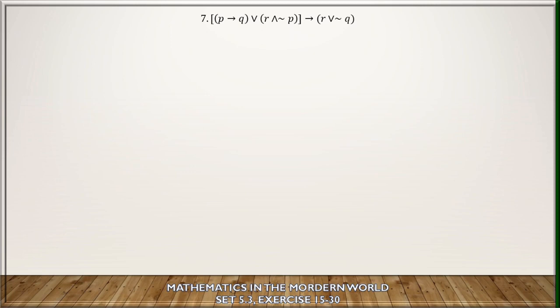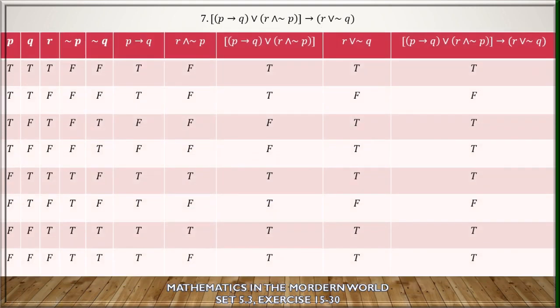We discuss the conditional of the disjunction of the conditional P, then Q, or the conjunction of R and not P, then the disjunction of R or not Q. So we apply it and we have this table also.